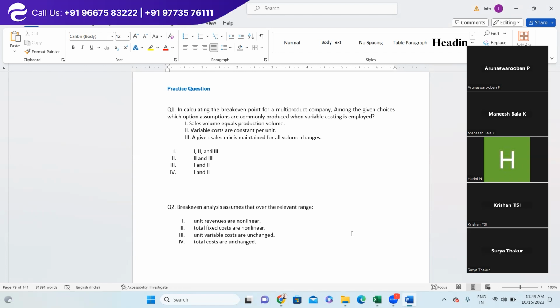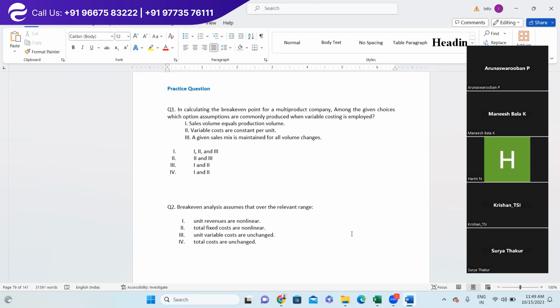Sales volume equal to production volume. Variable costs are constant per unit. A given sales mix is maintained for all volume change. So, what is the core of the question? Among the given choice, which assumption is commonly made when variable costing is employed?